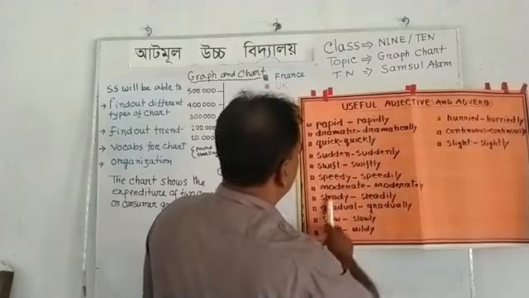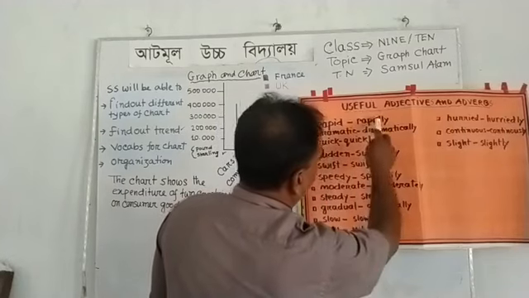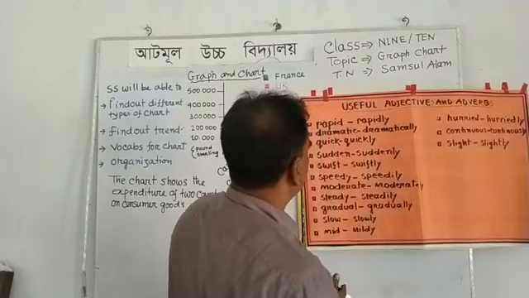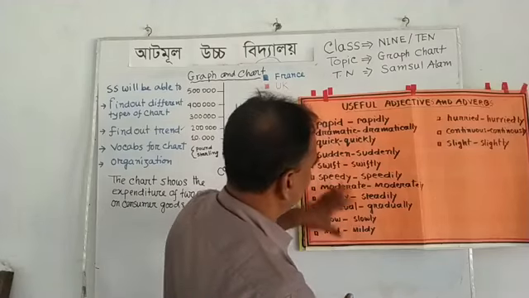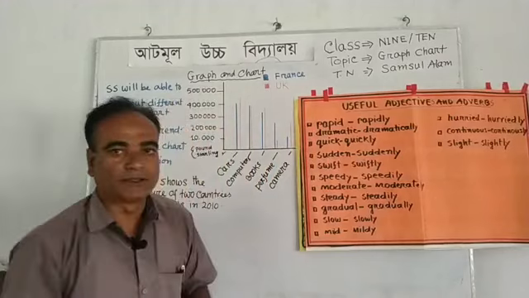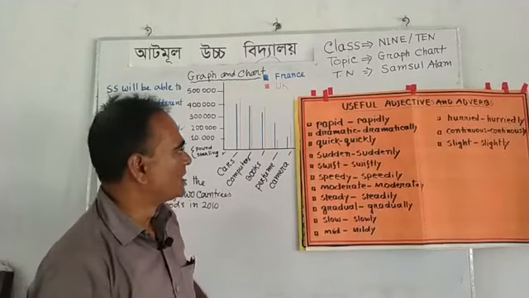So the left side is the adjectives and the right side is the adverbs. If we memorize these few adjectives, it will be easier for us to write about a graph chart, and the verbs also.